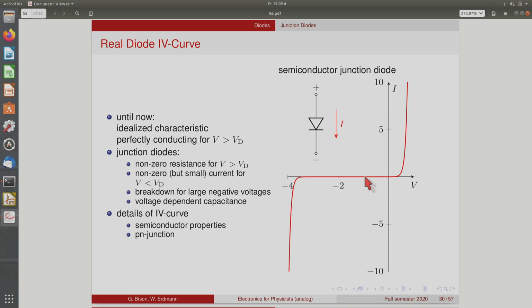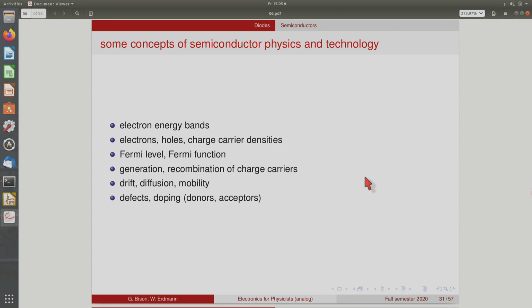So to understand the details of this curve, we have to look a little bit into semiconductor properties, and then look at the p-n junction. So we'll start with a small overview of semiconductors. We'll discuss some concepts here, the concept of an energy band.